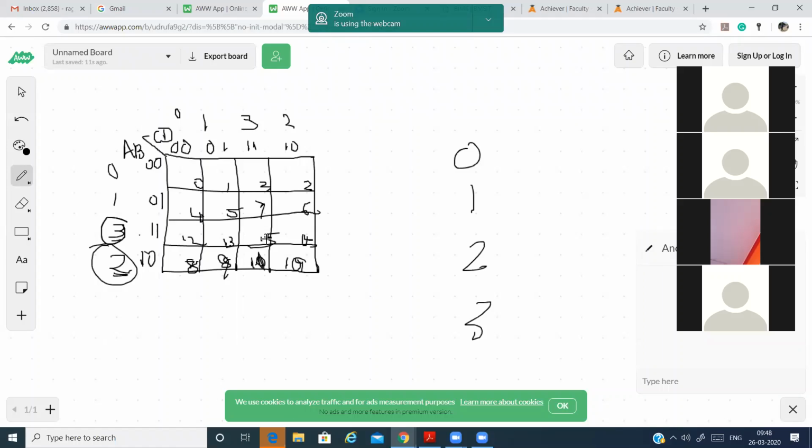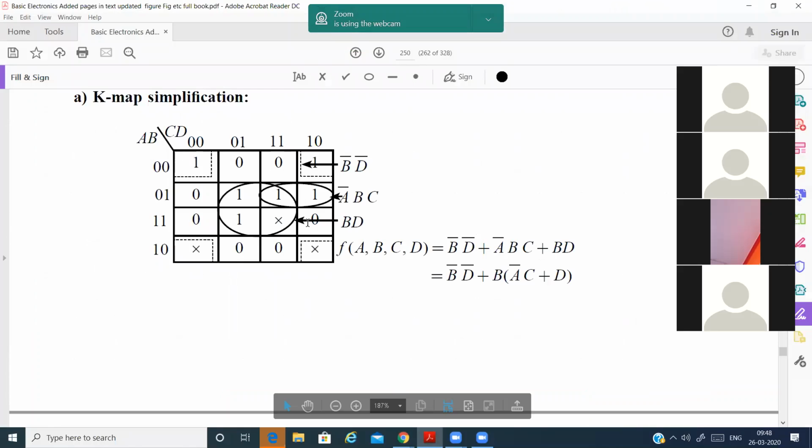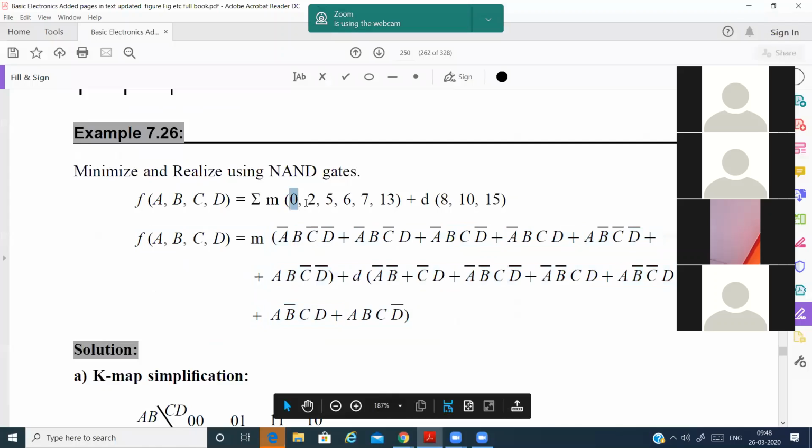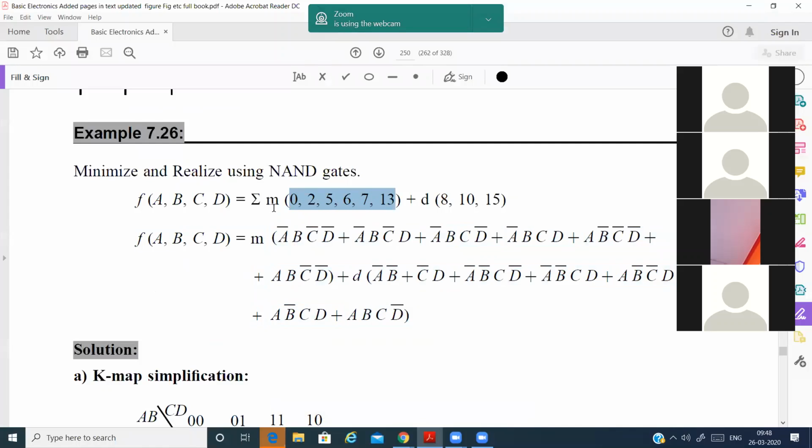Yes, sir. Okay, so now we'll see the values. Wherever we have m of 0, 2, 5, 6, 7, 13, the boxes with these numbers, there we will put 1.